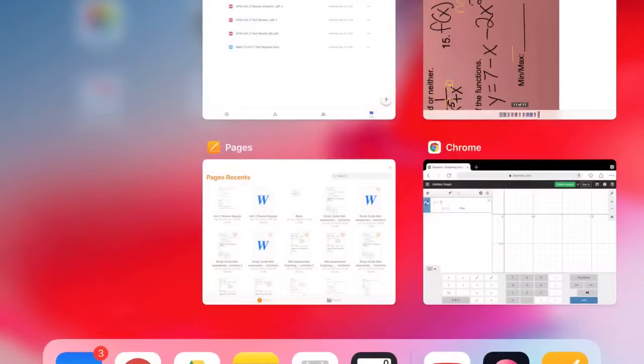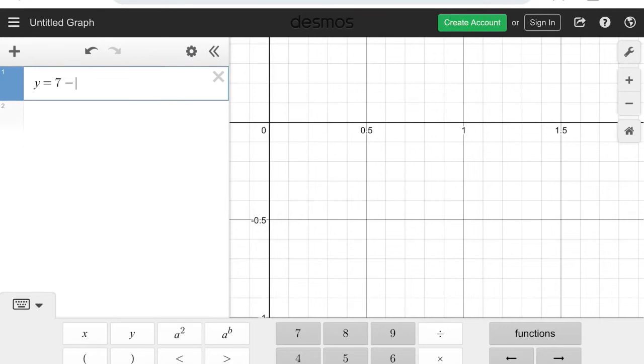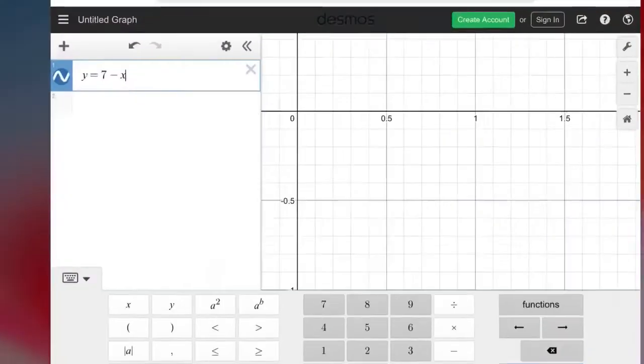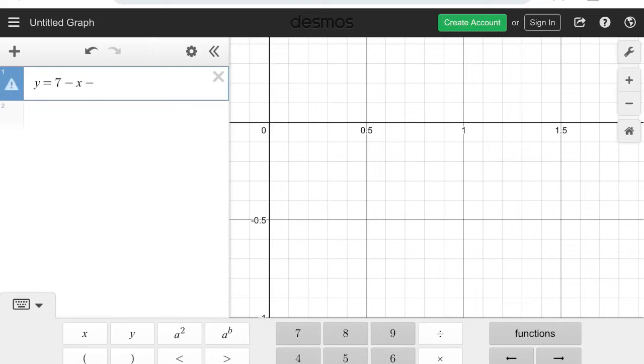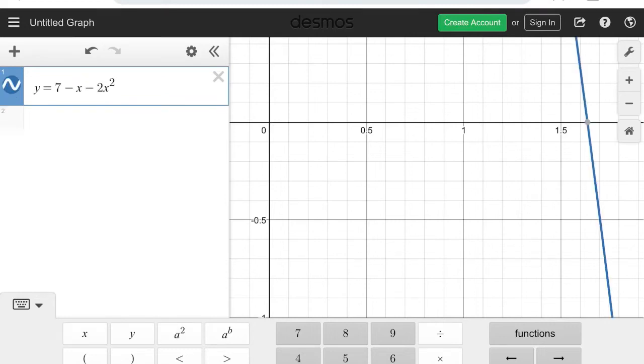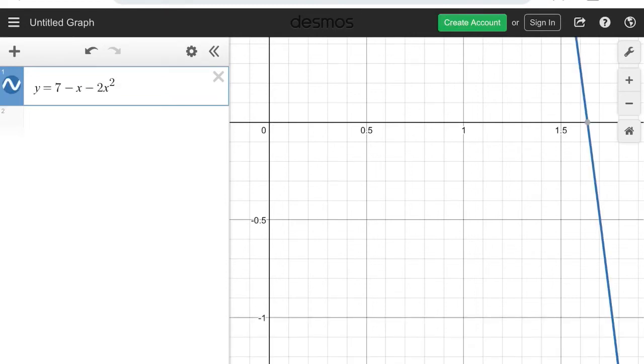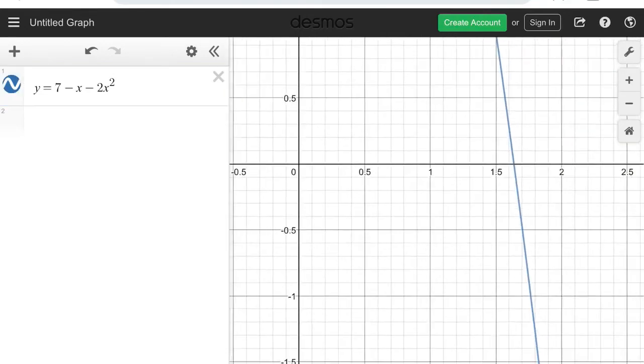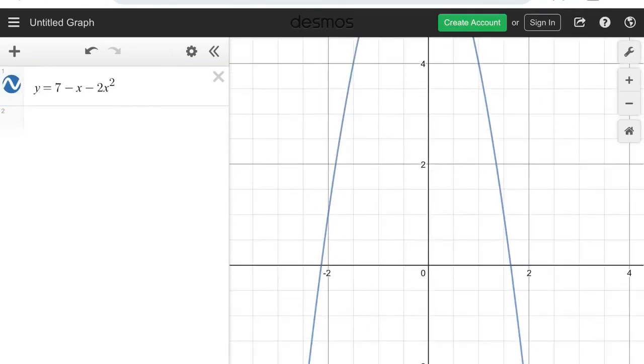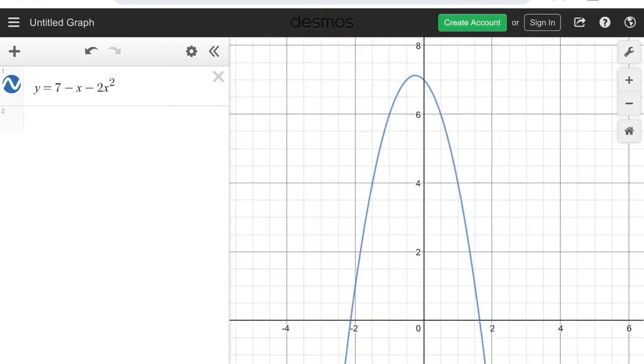No, okay. 7 minus x minus 2x squared. So that gives us our graph.